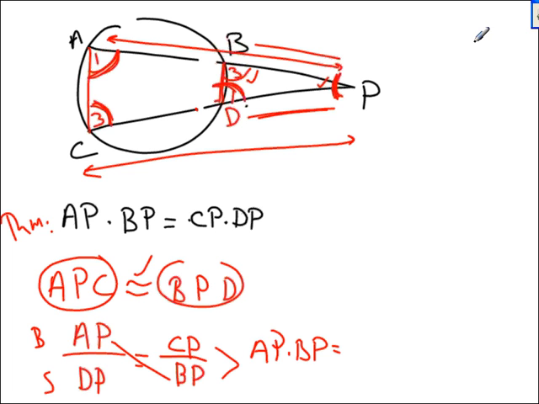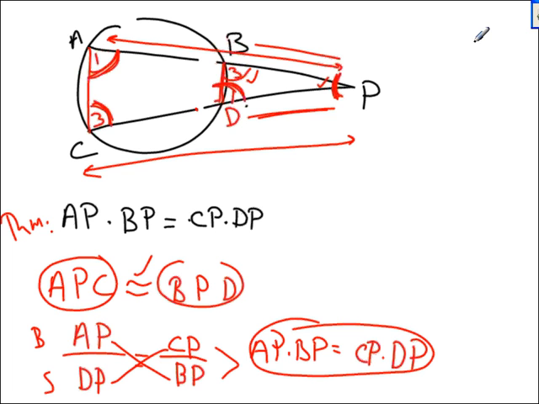This product is equal to that product, CP by DP. So, yep, it really is true. Okay, you need to be able to prove these theorems. The more you accept without really being able to prove it, the less good you are at math.